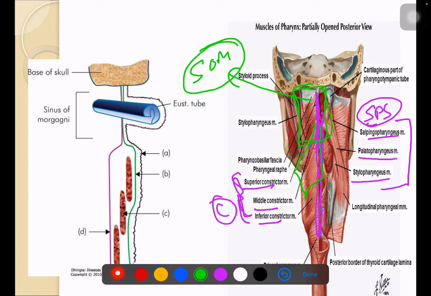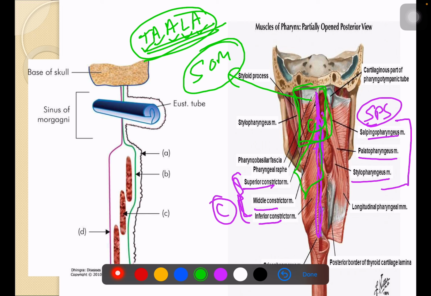The sinus of Morgagni contains certain important structures that can be remembered by the mnemonic: ascending pharyngeal artery, tensor veli palatini, levator veli palatini, auditory tube, and ascending pharyngeal artery. These are the different components present in the sinus of Morgagni.